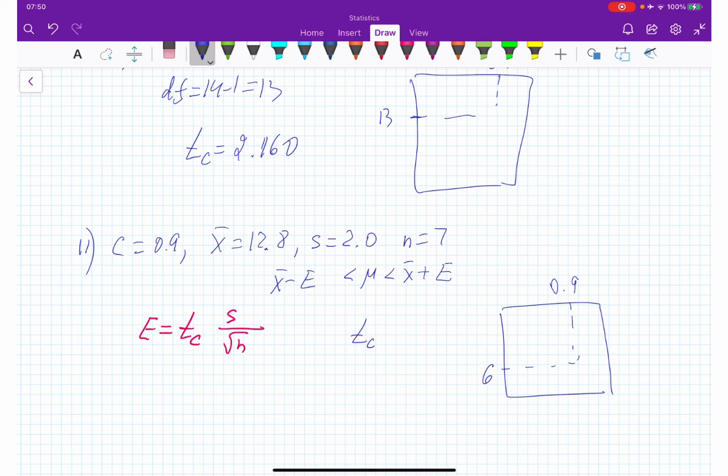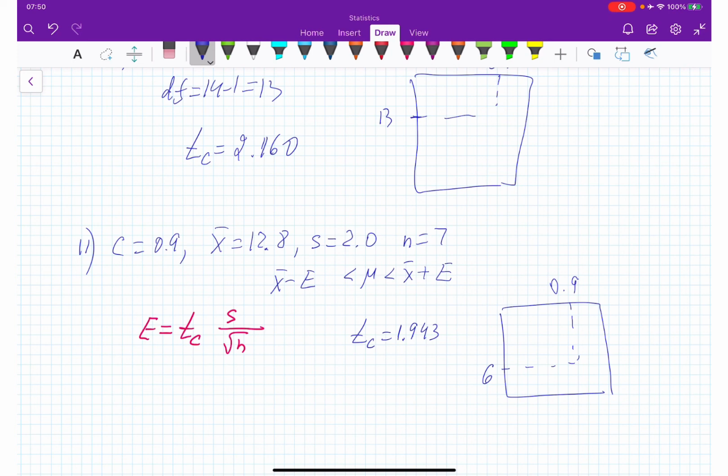It's going to be 1.943. Okay, 1.943. Now we can plug and find out how much will be our margin of error.